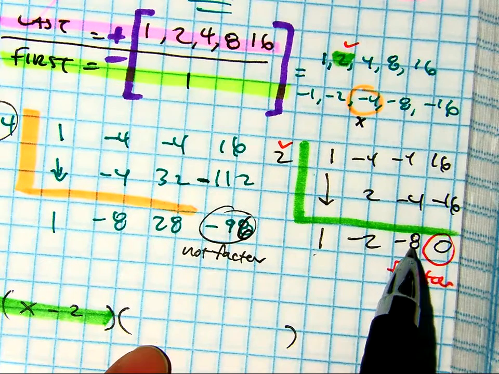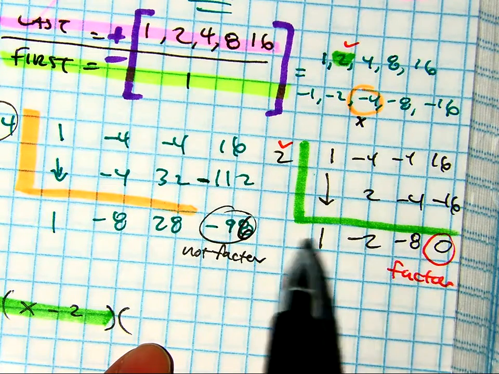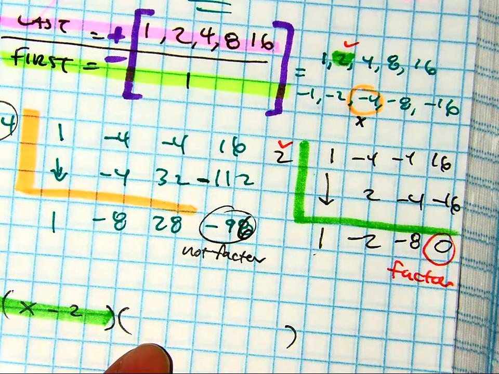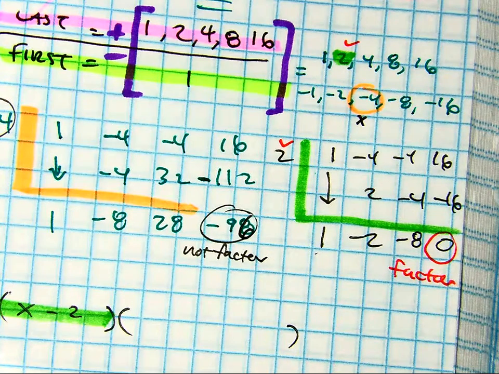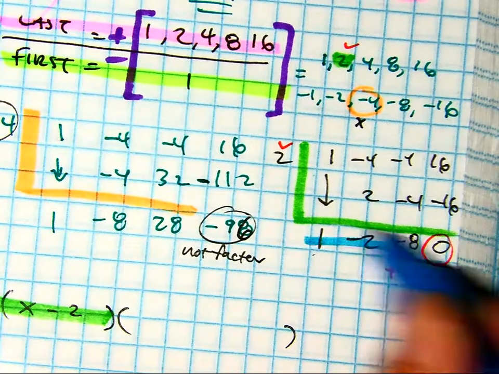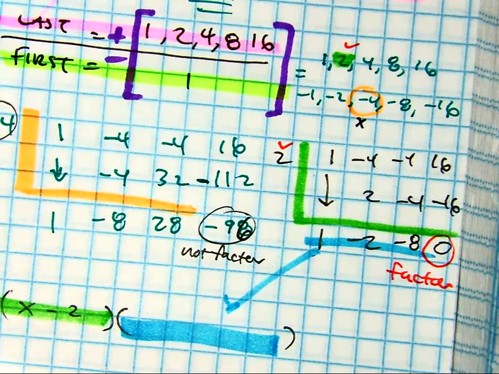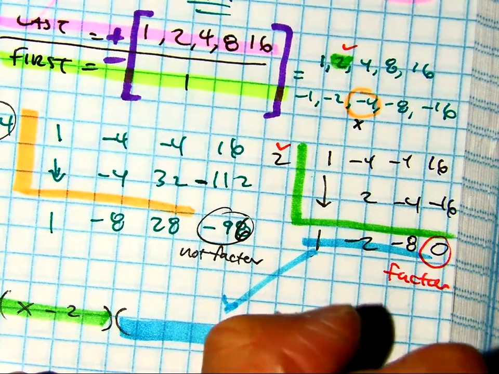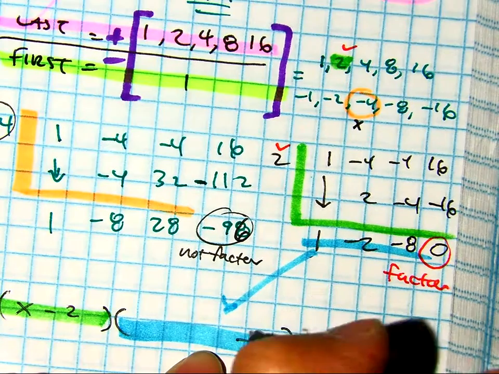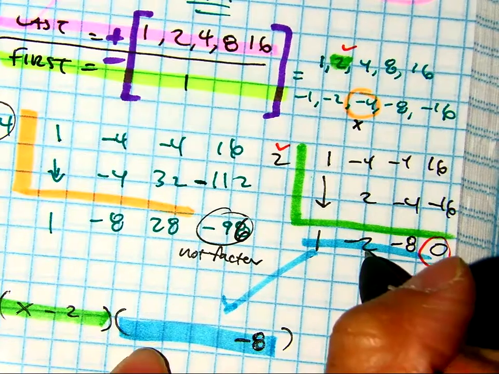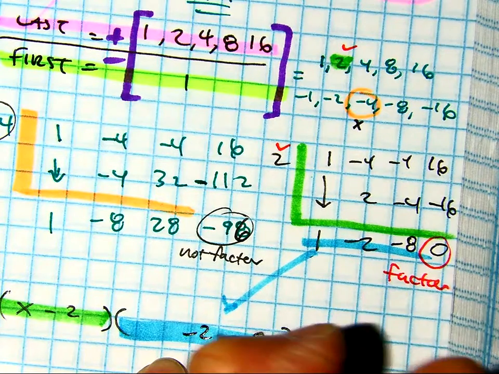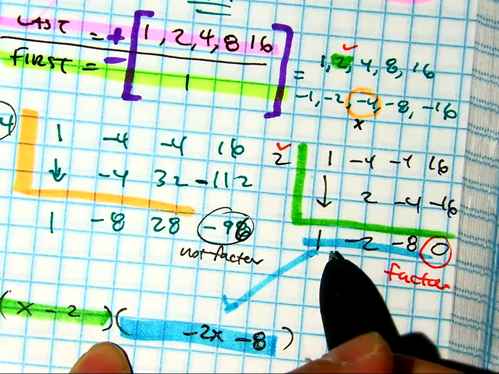What does this mean, class? -8, -8, -2x, x squared. Do you see that?